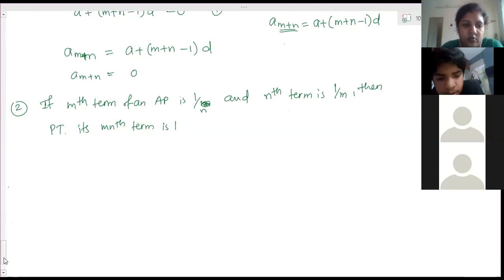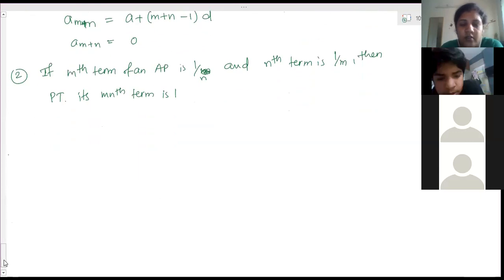Okay, now here, let's solve this example. They have given the mth term of an AP.